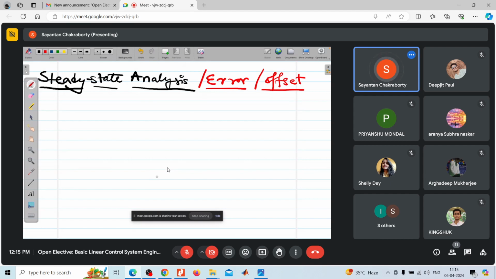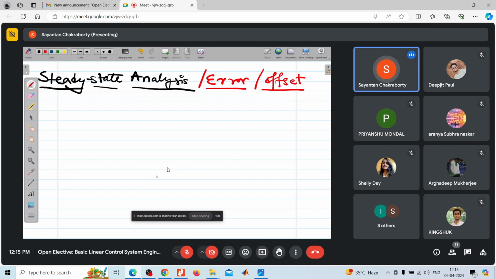Right? So the first thing that we have to understand is why this steady state error or offset appears. What is the main cause behind the appearance of some steady state error? The thing is that suppose your system is running at a given operating condition, given an input, it is performing its task, and the control variable has reached a steady state, say it is a desired steady state.